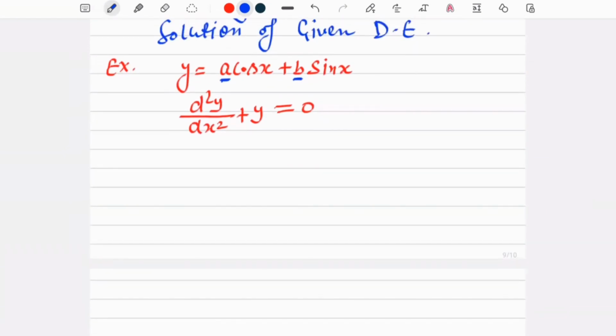How will you go? We will first take dy by dx, and we'll find dy by dx will be minus a sin x plus b cos x.